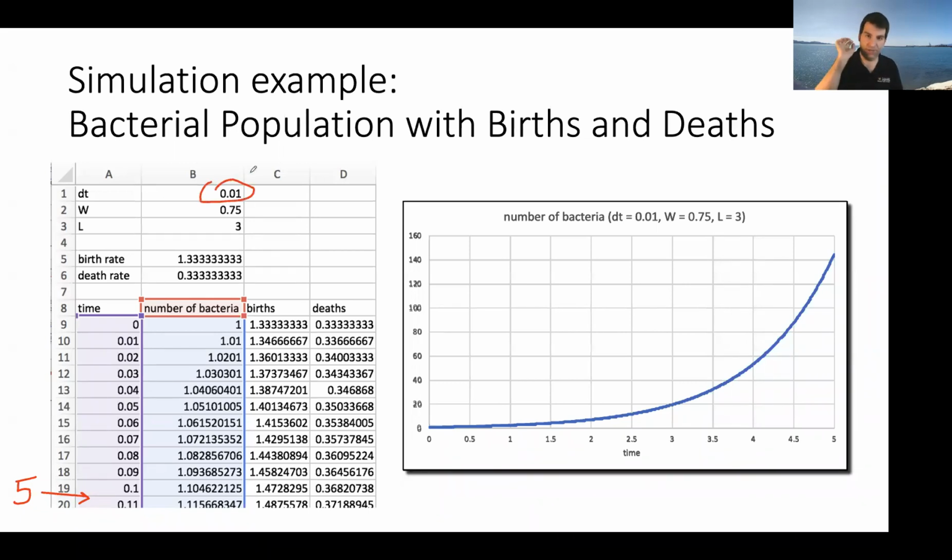So if I want you to simulate 5 time units, so like over here, if I want this to go to 5, I'm going to need 500 rows. If it was 0.1, I would only need 50 rows. So the size of this DT changes how many rows you need to simulate. And this was my example here for a DT of 0.01, which means I needed 500 rows to get this full curve.